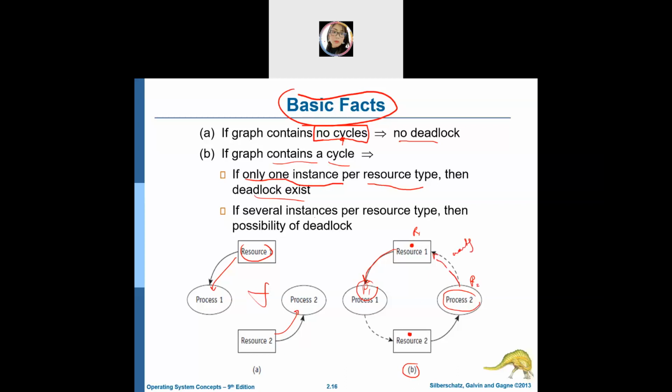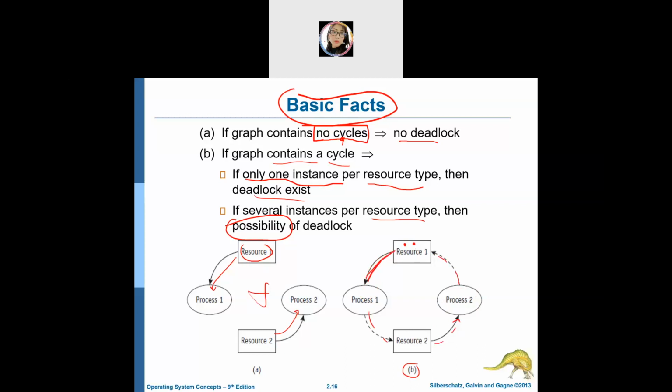So if there are several instances per resource type, then there is a possibility. What about possibility? Possibility means that maybe there will be a deadlock, maybe there is none. Although it looks like a cycle like this, let's say resource 1 has 2 instances.